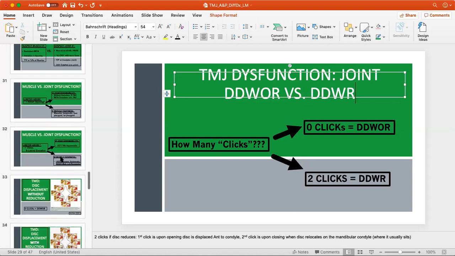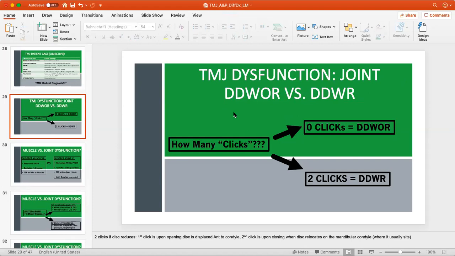And what those are referring to is the idea that the disc is typically going to displace anterior, meaning it's going to fall more anterior to the condyle than it should. So it's going to slide off of that condyle. So it's going to get into a place that it doesn't want to be. So disc displacement without reduction refers to that disc coming too far anterior and not reducing or not coming back. So as you open, it's going to displace anterior, and then as you close, it's going to stay displaced anterior.